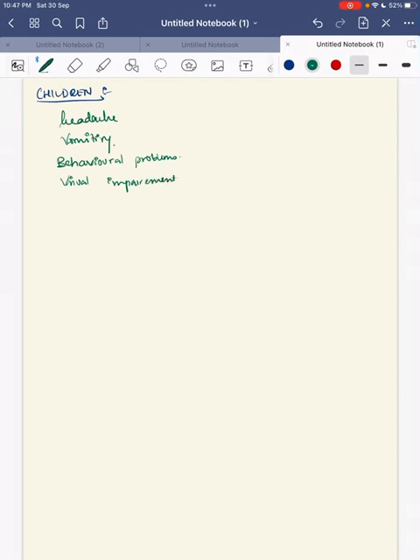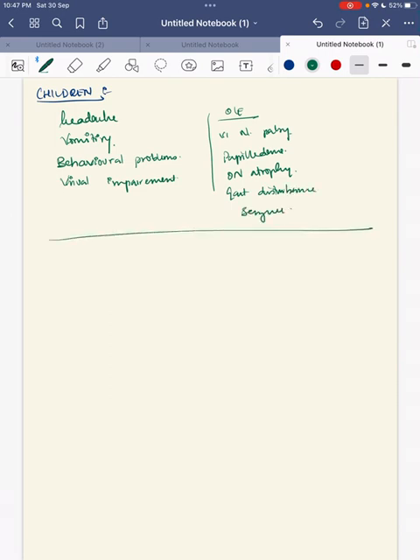On examination, you can find the child to have a 6th nerve palsy, papilledema, optic nerve atrophy, gait disturbance, and seizures. So these are the presentations in a child with hydrocephalus.